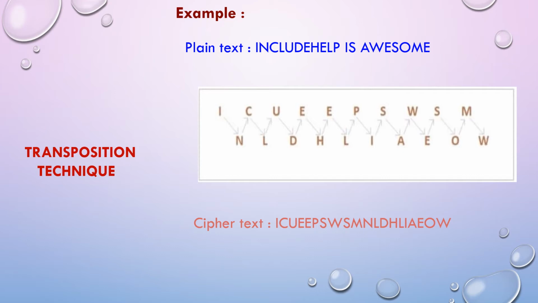Here we will see one example of how the rail fence technique can be implemented. Here we are taking the plain text as "include L pace awesome".